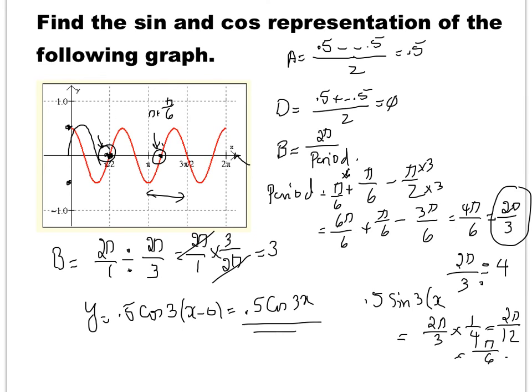Now, again, we said it before that if this is my sine function, remember, I have to move it back 1/4 of a period, because here is the maximum of the sine, which is 1/4 of the period. This means that I have to move it back how much? Pi over 6. Since I go left, what is the phase shift here for sine? Positive. So this is equal to 0.5 sine 3 times x, positive pi over 6.